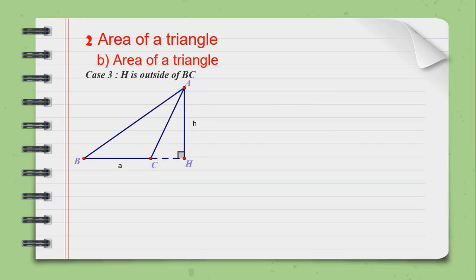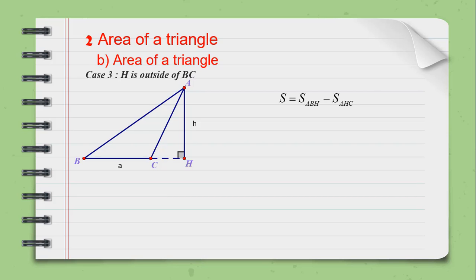Case number 3. H is outside of BC. Now look at the big triangle here. It is ABH, right? And you see that it can be divided into two triangles, ABC and AHC. So to calculate the area of the triangle ABC, we can do it like this.